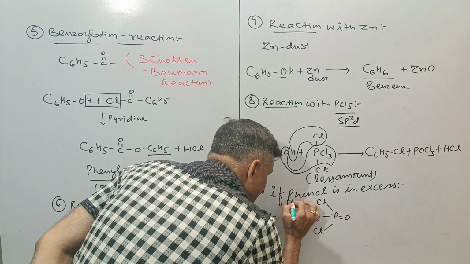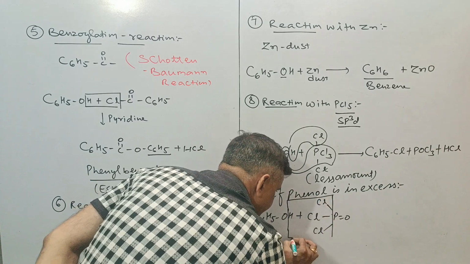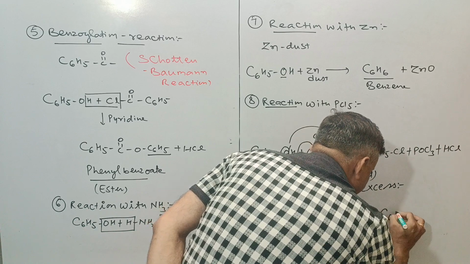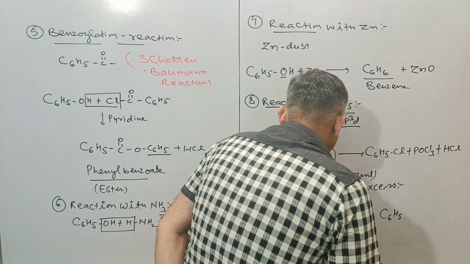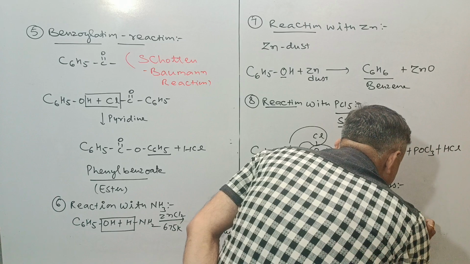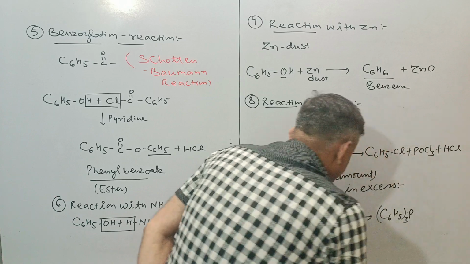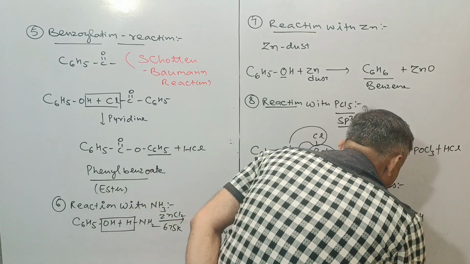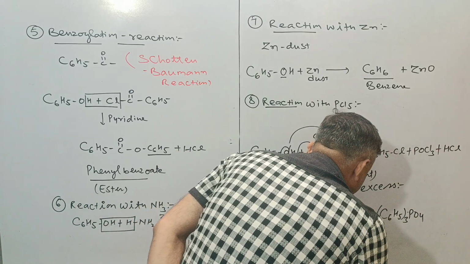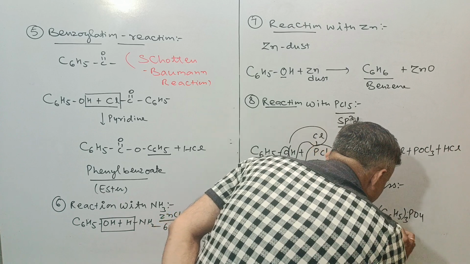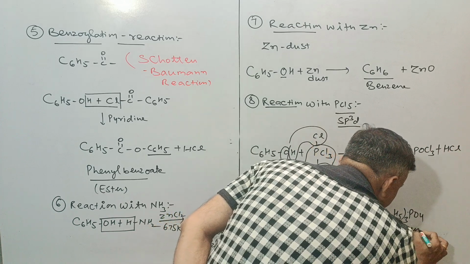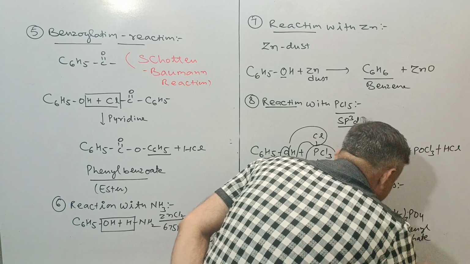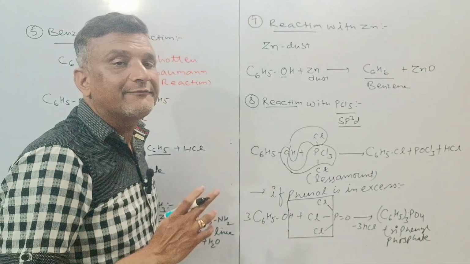Here removal of 3 HCl, and the rest will be C6H5, thrice, with PO and O3, that is PO4. By the removal of 3 HCl, it is called triphenyl phosphate. If phenol is in excess, then there will be formation of triphenyl phosphate.